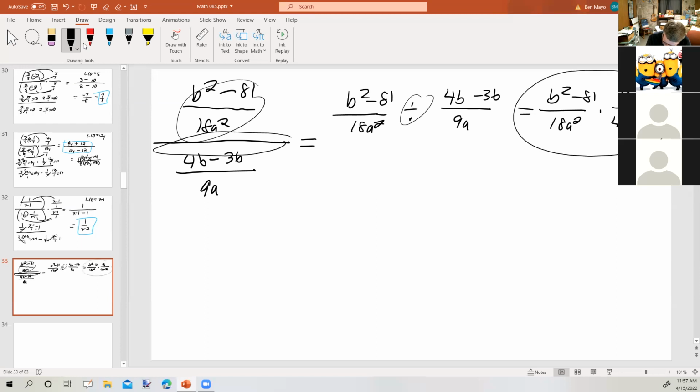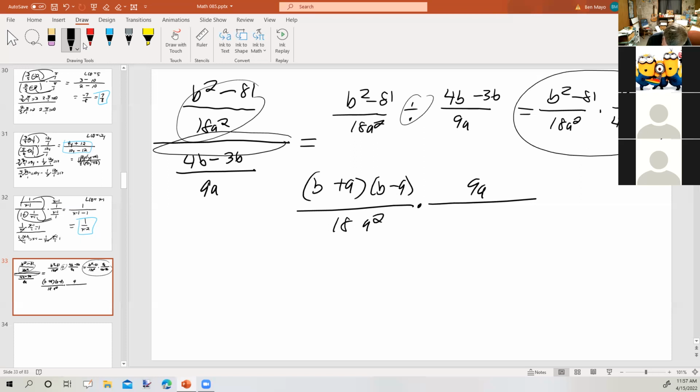So now I'm going to take that and factor everything. So I've got b plus 9 over, or times, b minus 9 over 18a squared times 9a over 4b minus 36.